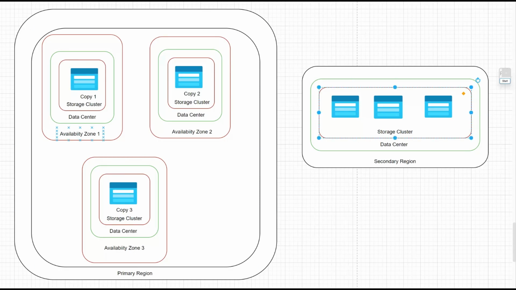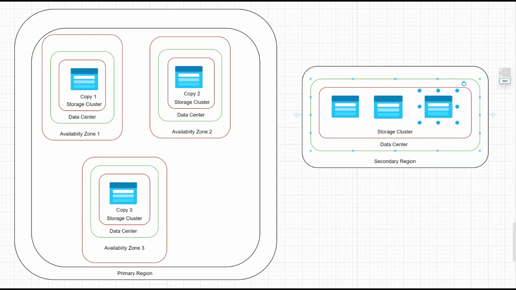So our data in our primary region East US is synchronously replicated 3 times within 3 different data centers, and apart from that, it asynchronously replicates your data 3 times into your secondary region. So this is how GZRS functions.